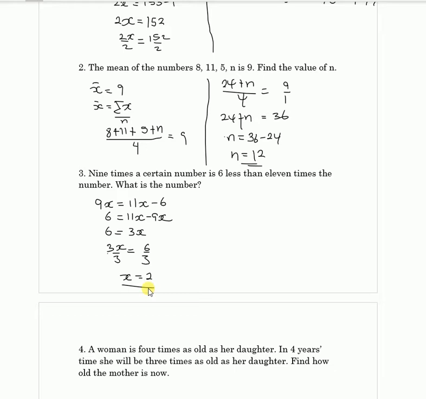Yeah, that is the value of x. And now it is actually the number they want us to find. So we can conclude and say that therefore the number is 2. That is the number we are dealing with.